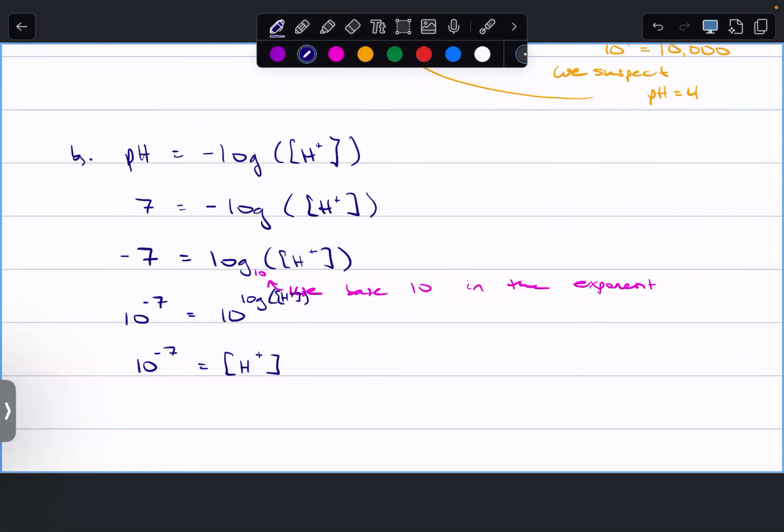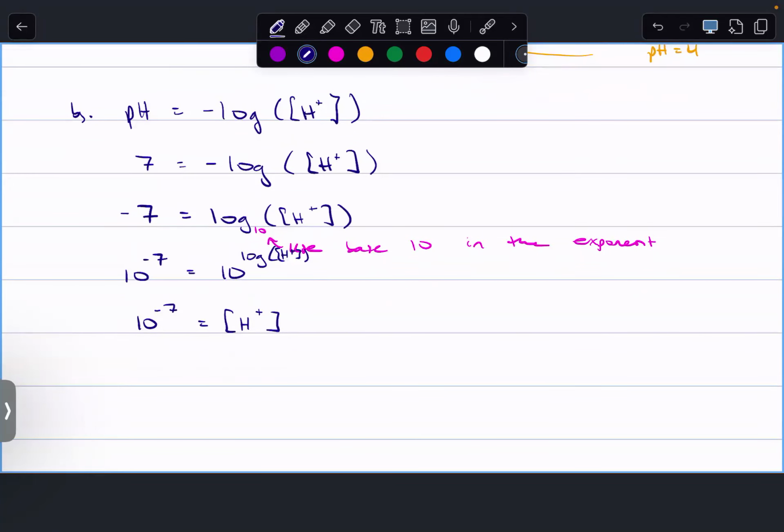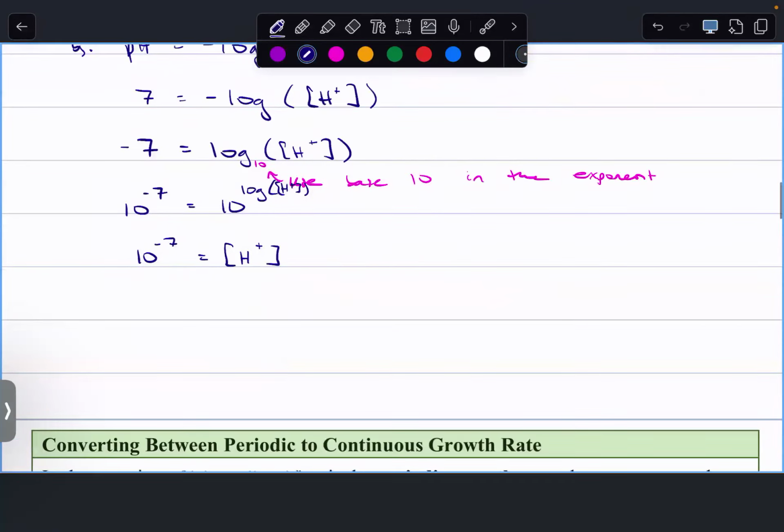I get 1 times 10 to the negative 7 because it gives me scientific notation. That's not very helpful. 1 over 10 million. Or we can just leave it like that.